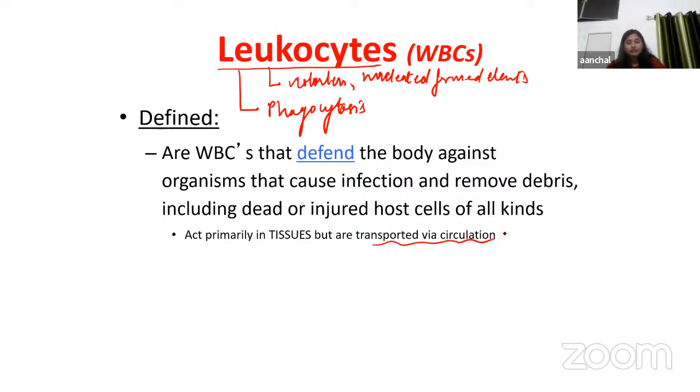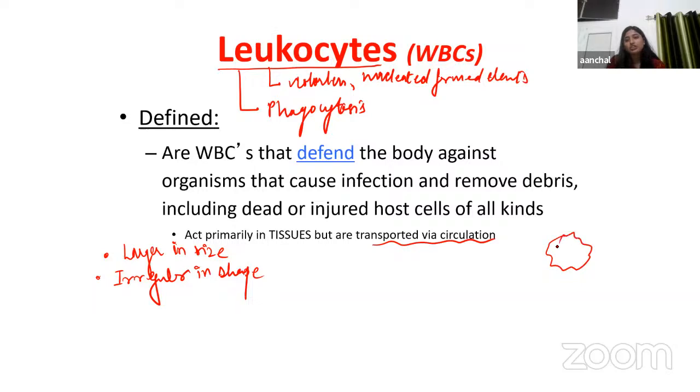Another thing we should discuss is that these cells are larger in size, and they are irregular in shape because they perform phagocytosis, so they need to keep changing their shape. They always have an irregular shape, but they are nucleated; the nucleus is present.